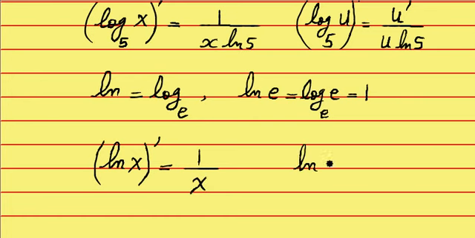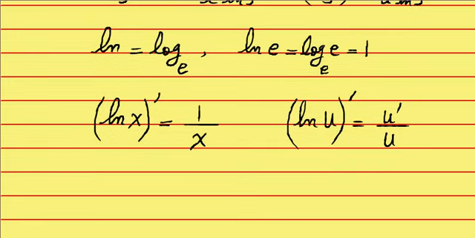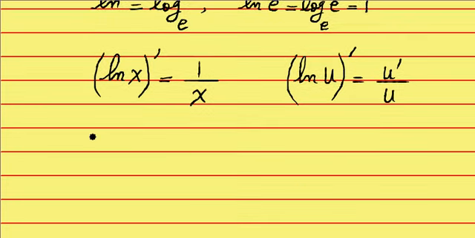Let's repeat the same thing for the chain rule application. Logarithm of u differentiated is going to be the derivative of the substitution divided by the substitution itself. So it's just like this formula, and just gets multiplied by u prime. Let's go ahead and have some examples.